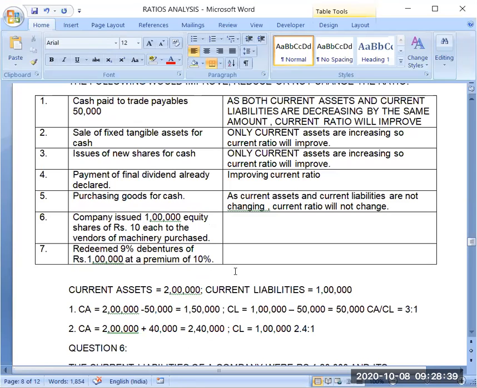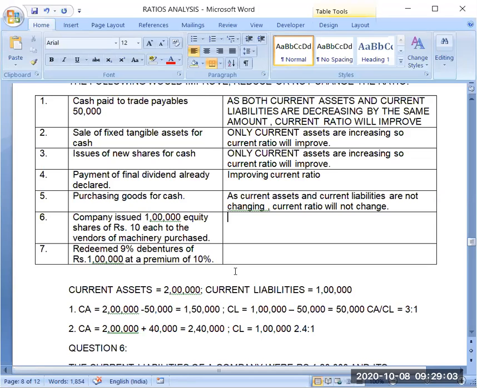Now coming to the current liabilities portion. Because you are issuing shares, your share capital will be increasing. Now share capital is not a component of current liabilities. So your share capital is increasing, but it is not affecting current liabilities. Your fixed assets are increasing, but it is again not a part of current assets.